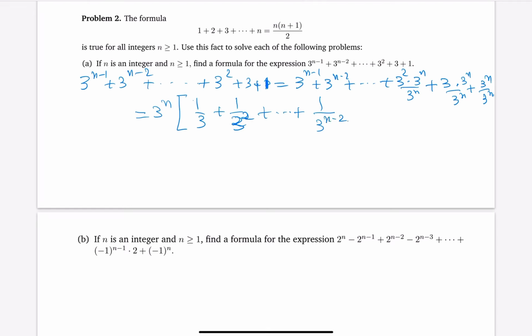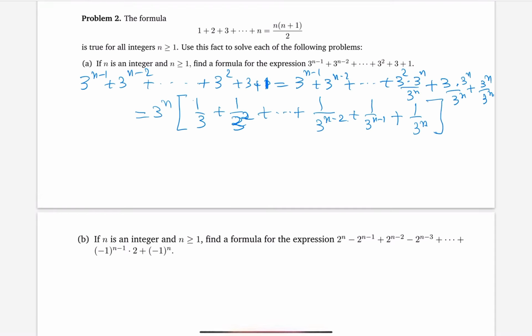Be careful here. The next one, you will get 1 over 3 to the n minus 1. And the last one, you will get 1 over 3 to the n. It's obvious. You keep going.